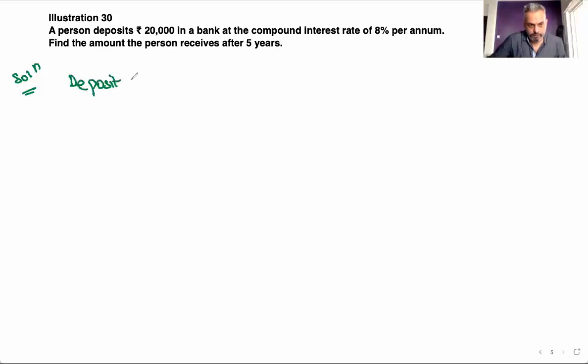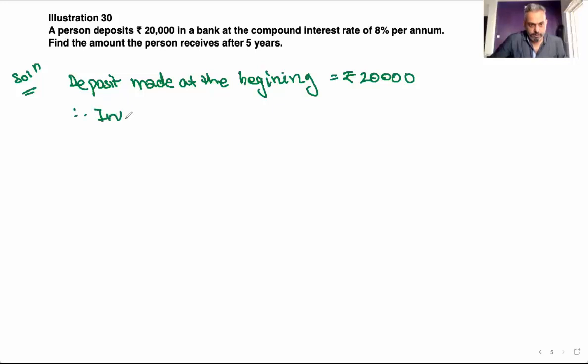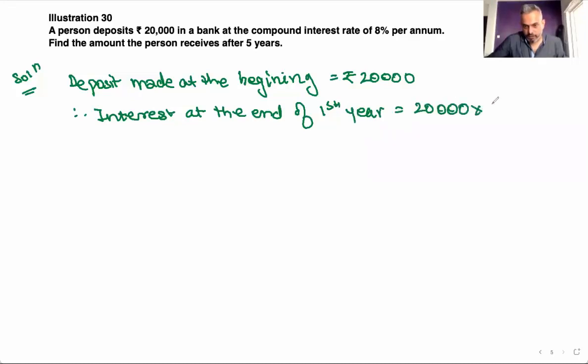Deposit made at the beginning, you may also write this, is equal to rupees 20,000. Therefore, interest at the end of first year is equal to 20,000 into 8%, which is equal to 1,600. Therefore, A is equal to 1,600.